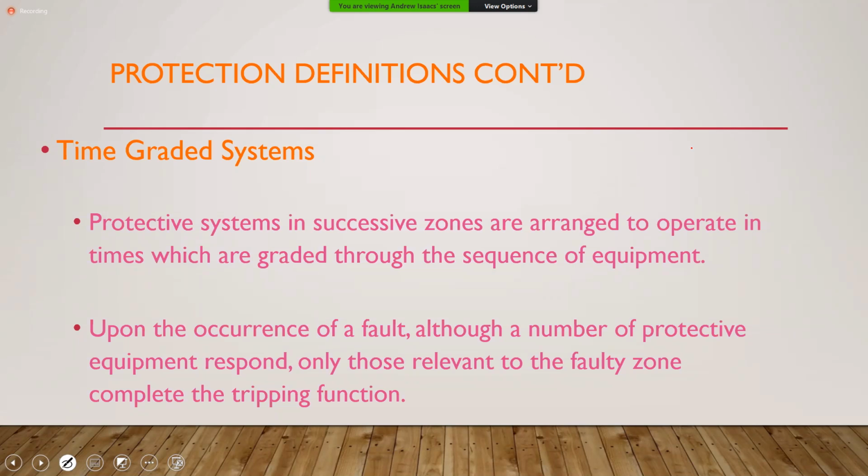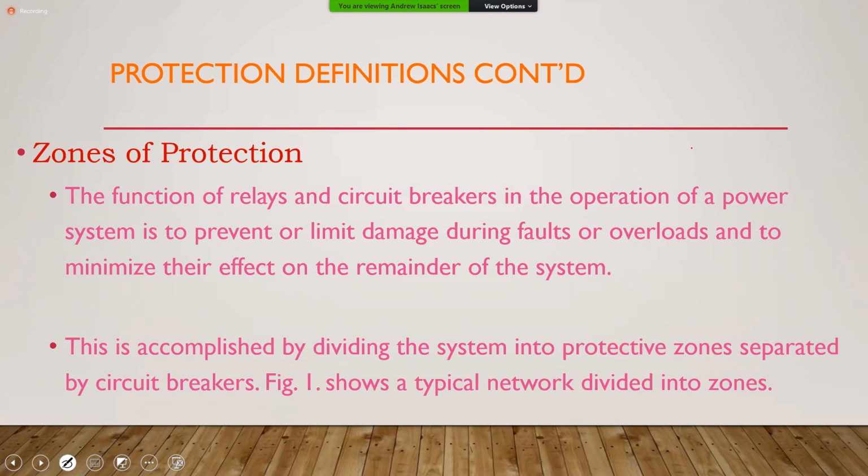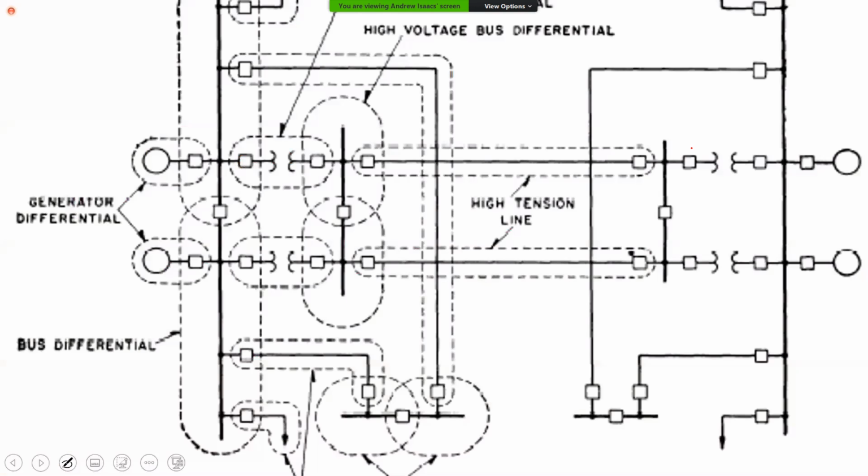But your zones really consist of the equipment being protected, and it is bound by the relays that feed information to the breaker that will isolate that particular piece of equipment. What does that really mean? I'm just going to quickly go down to the figure. Right? So these are what we refer to as zones.